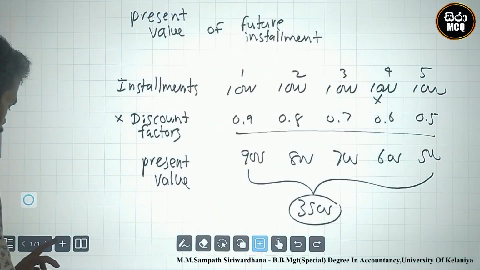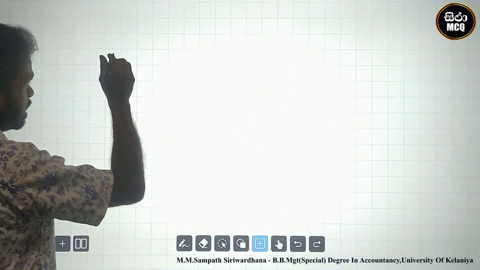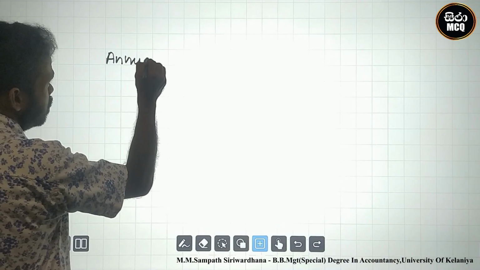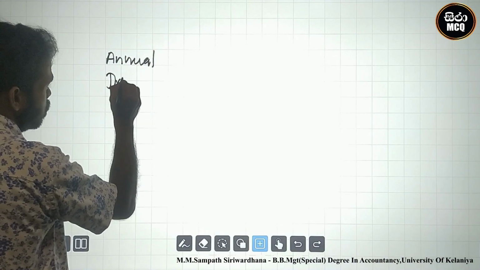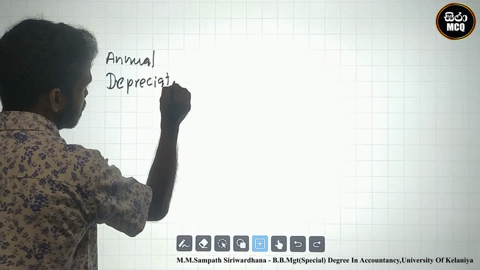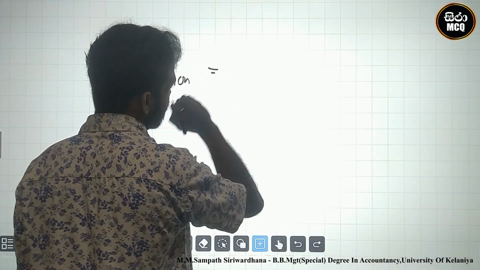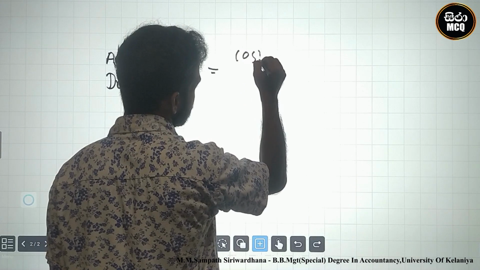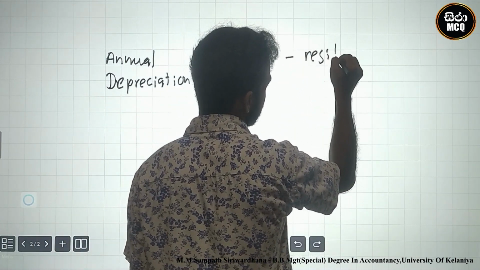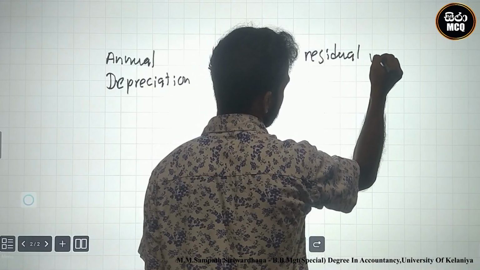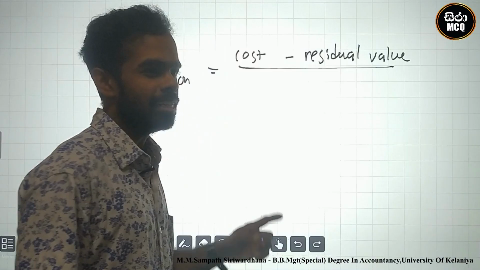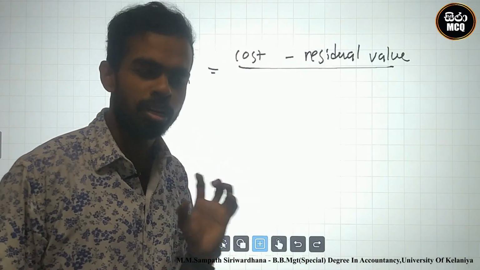You know, the right of use asset annual depreciation, how can we calculate annual depreciation? We can calculate cost minus residual value, dividing by lease term or useful lifetime.